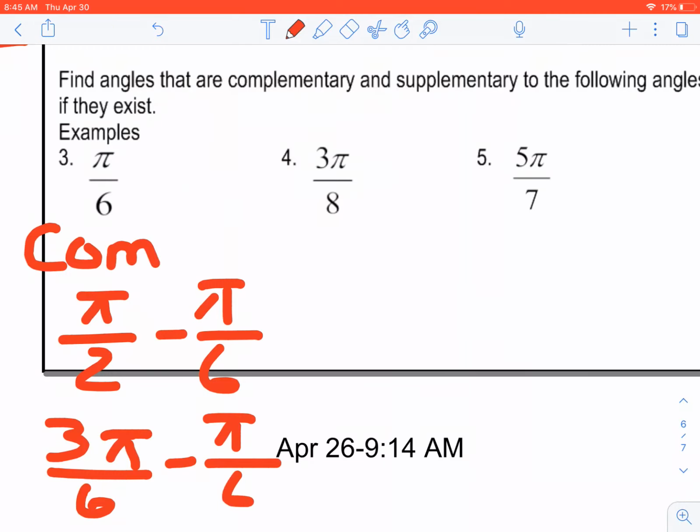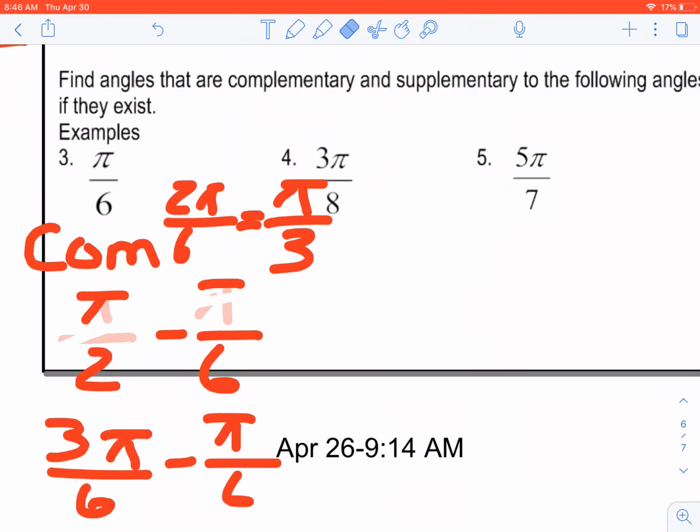So my complementary angle there would be 2 pi over 6, which is the same thing as 1 pi over 3. So that's the same thing as pi over 3. Because pi over 3 plus pi over 6 gives me 3 pi over 6, which is half pi. So that's how I would do that one.